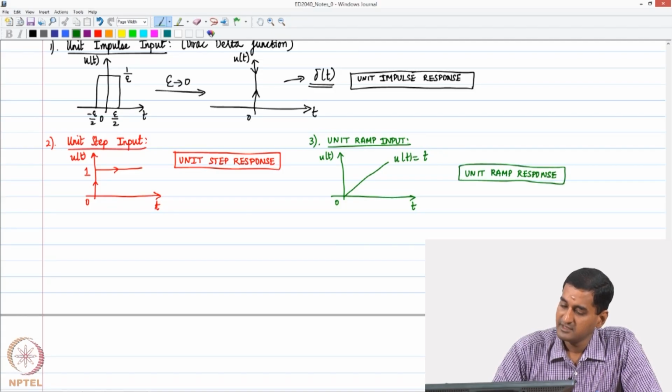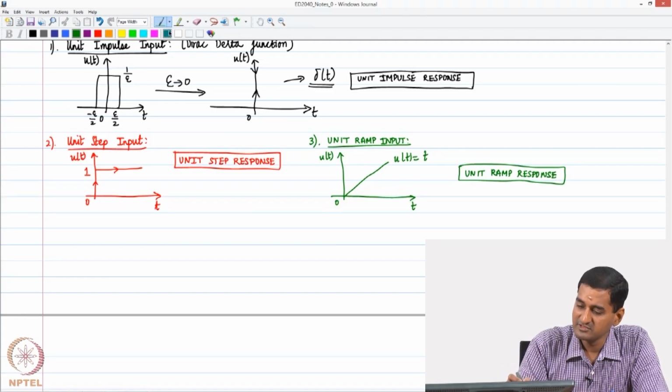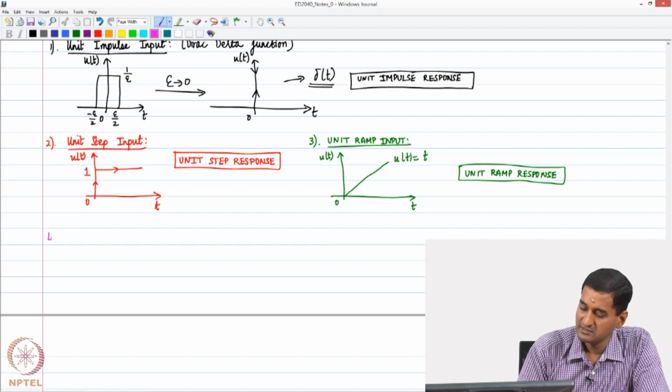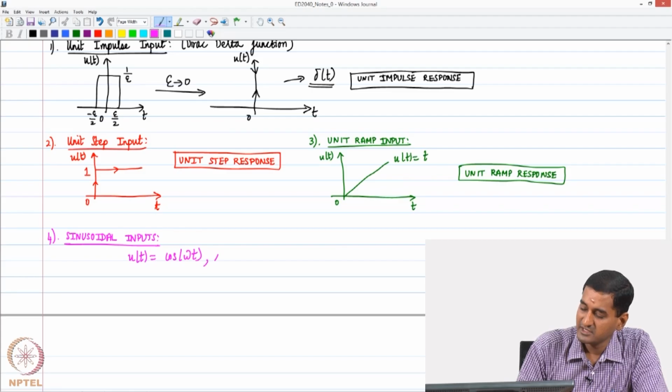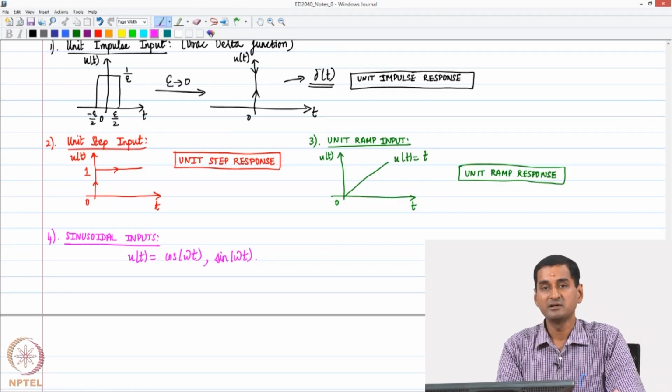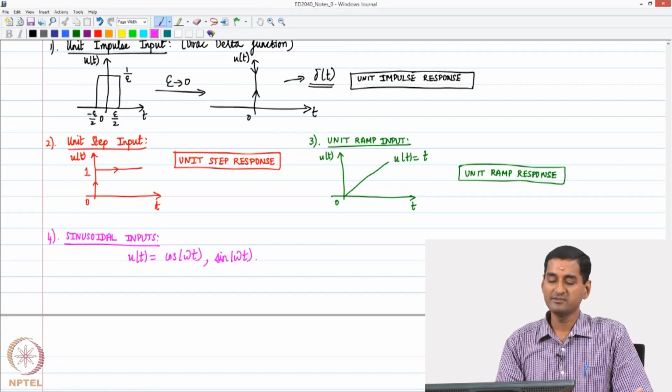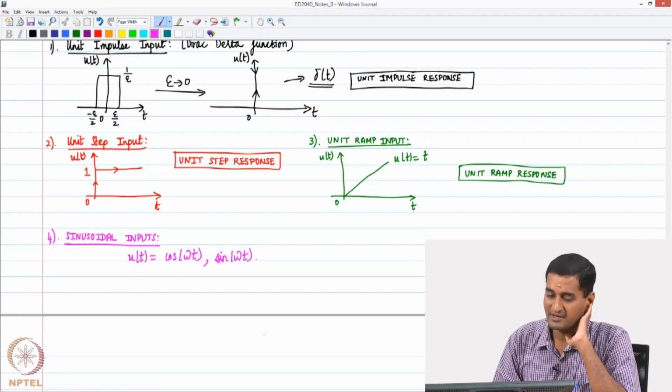And the fourth class of inputs that we typically provide are what are called sinusoidal inputs. As the name suggests, we provide sinusoidal functions as inputs of varying frequencies, cos omega t, sin omega t; we are going to have inputs which are cosines and sines, whose frequencies can also be different, right.